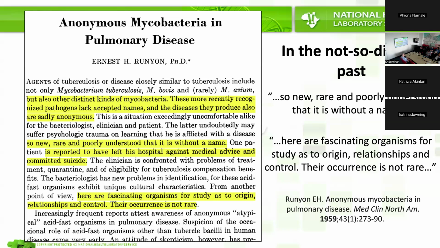One patient is reported to have left his hospital against medical advice and committed suicide. The clinician is confronted with problems of treatment, quarantine, and of eligibility of tuberculosis compensation benefits. Here are fascinating organisms to study as to origin, relationship, and control.